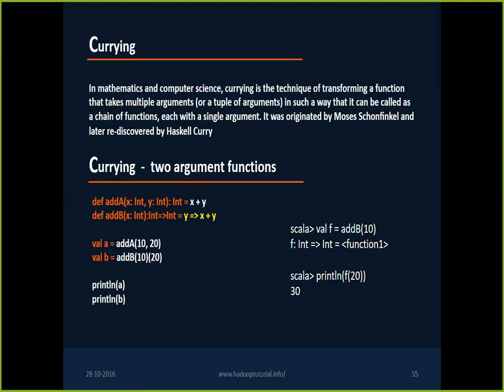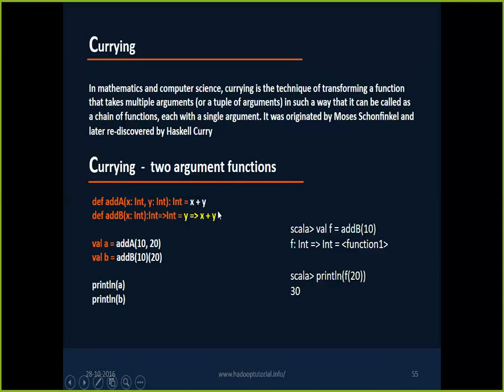So if you see this example, you'll understand. Let's say I have def add a. If I have to add two numbers, x int, y int, you simply do x plus y. This is the simple way.